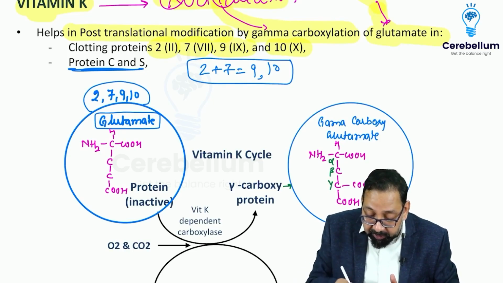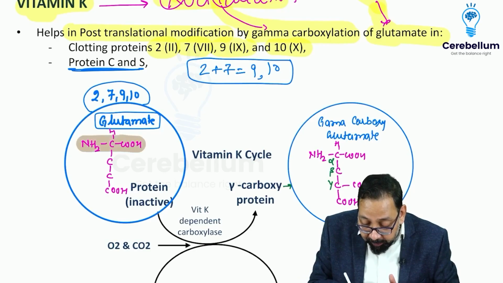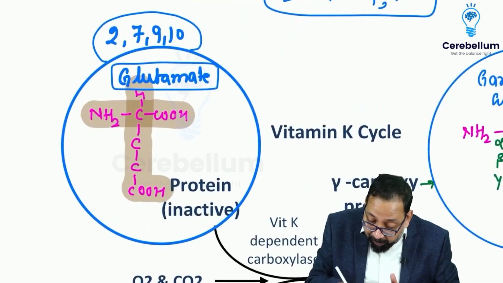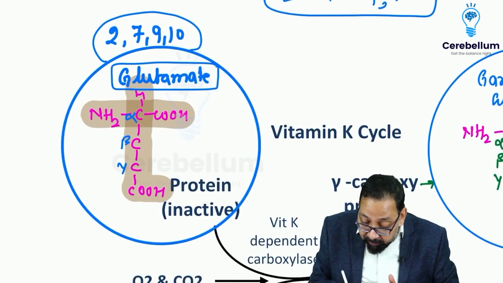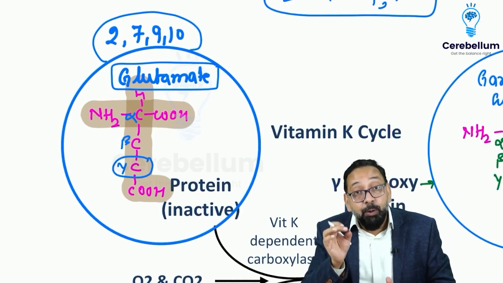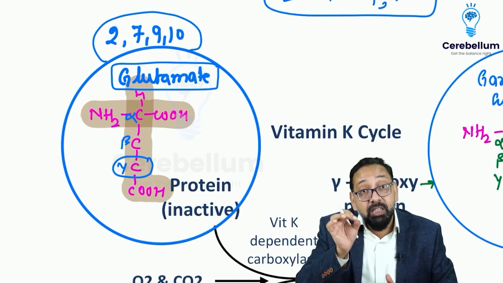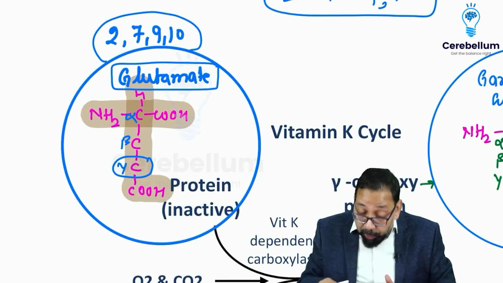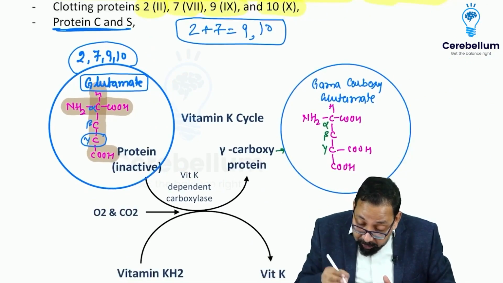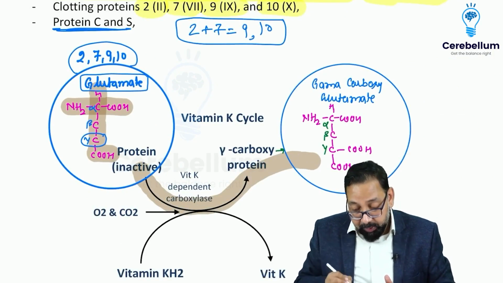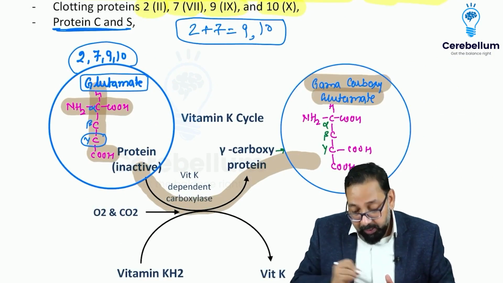If you don't remember the structure, it's okay. Just have an idea. This is glutamate. In this glutamate amino acid, this is alpha position, beta position, gamma position. At this gamma position, there would be carboxylation. Means you will attach carboxyl group at this gamma position of glutamate. So if you attach carboxyl group here, it will be converted to gamma carboxyglutamate.